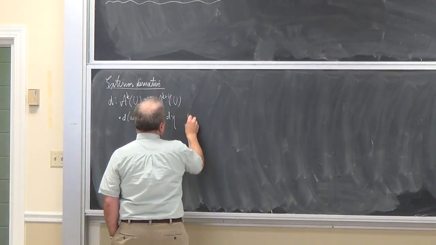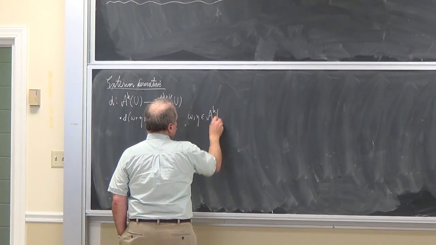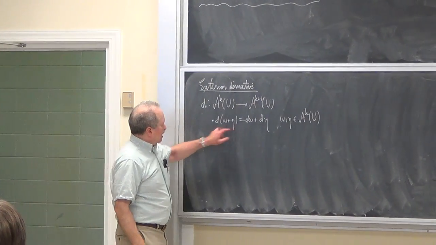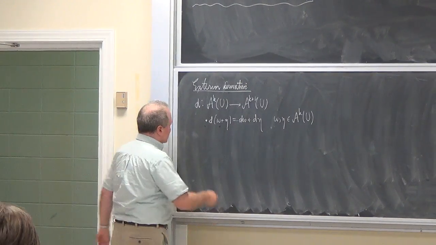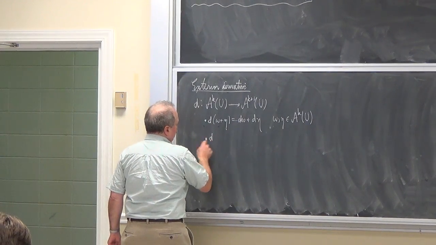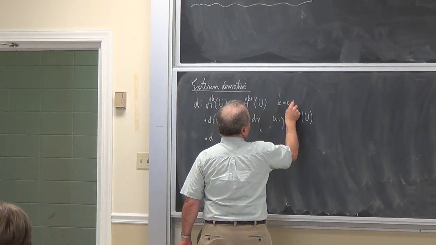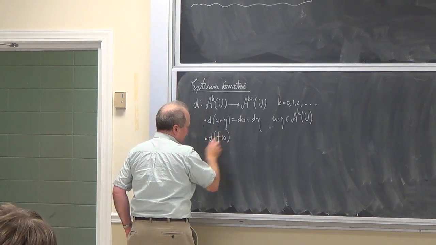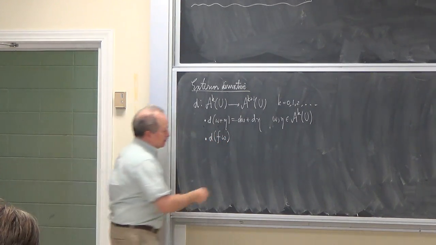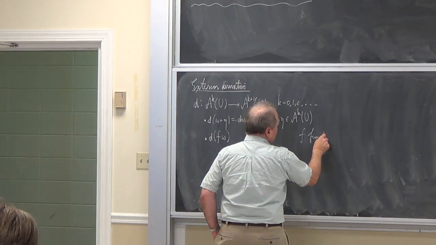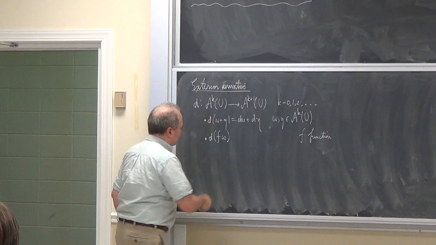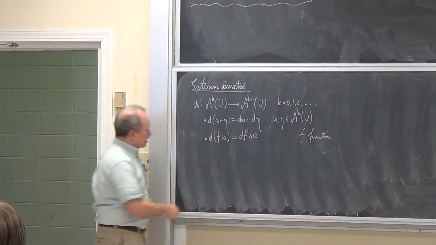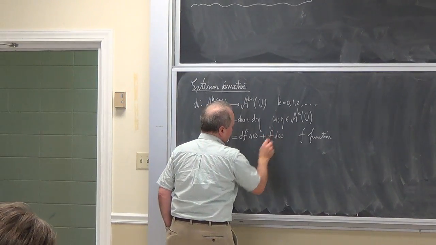So if omega and eta are both k forms, then you take their sum, and d of the sum is the sum of the d's. That's easy. If you have a function, and you take omega and multiply it by a function, you have the baby case of the product rule, which is to differentiate the function wedged with omega and add f times d omega.